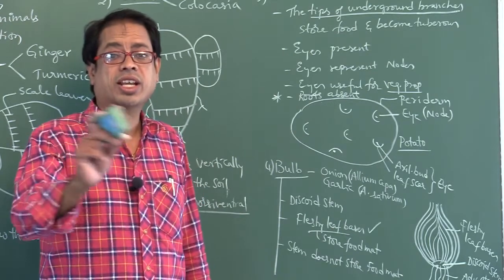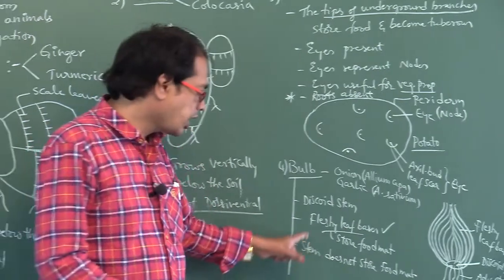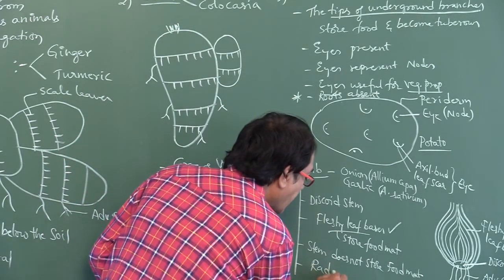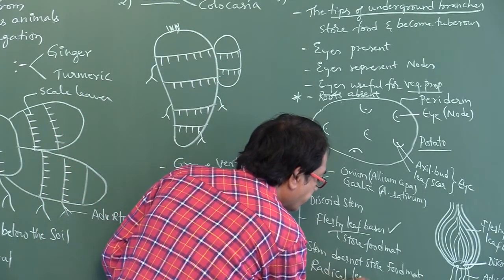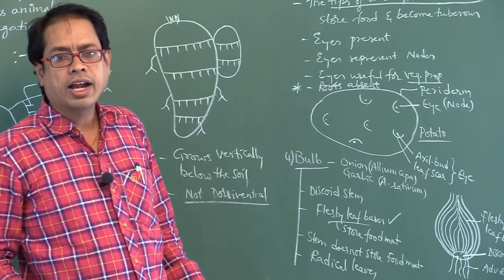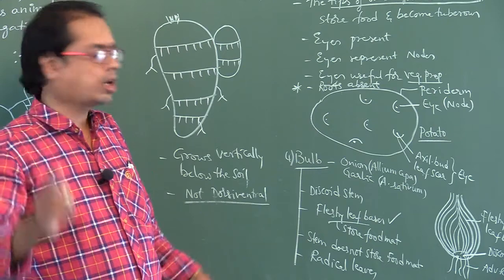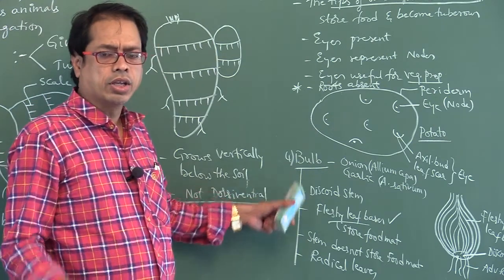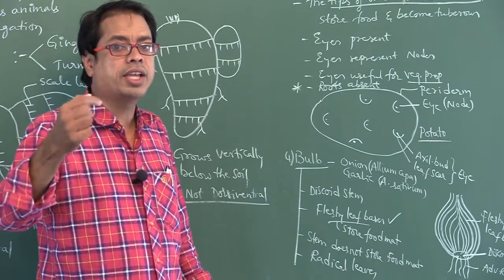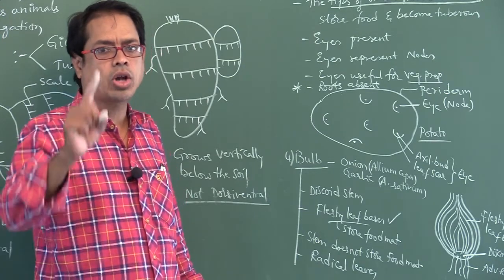Okay, the stem does not store food materials. What type of leaves are present? These leaves are so-called radical leaves, which are concentrically arranged. Radical leaves are present in bulb. In bulb, which part stores food materials? Leaf bases, but not the stem.